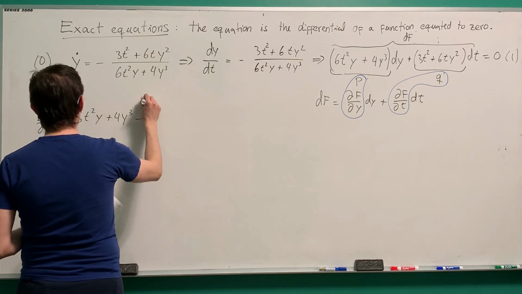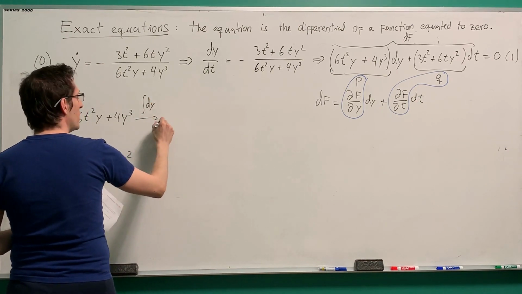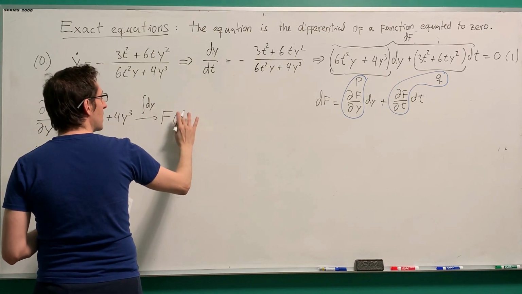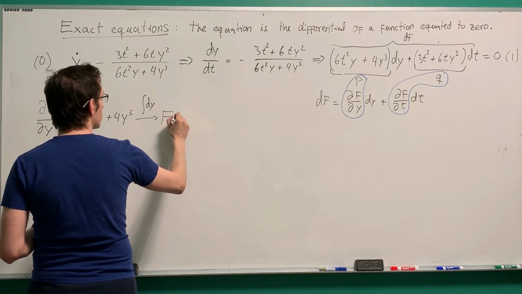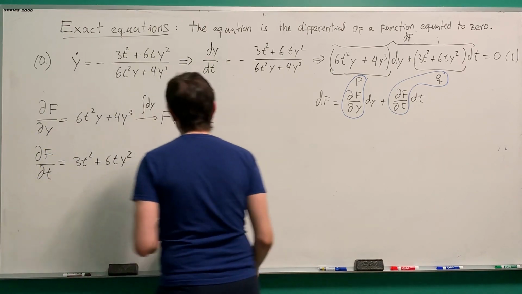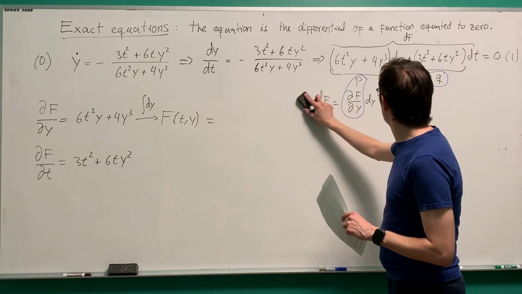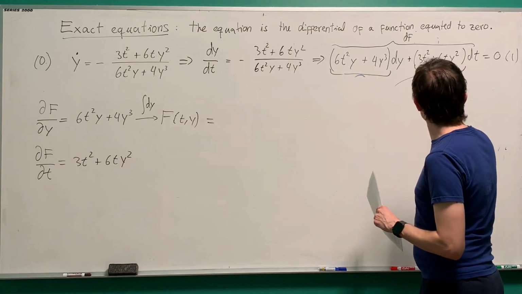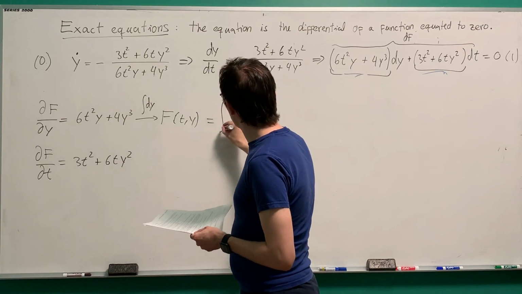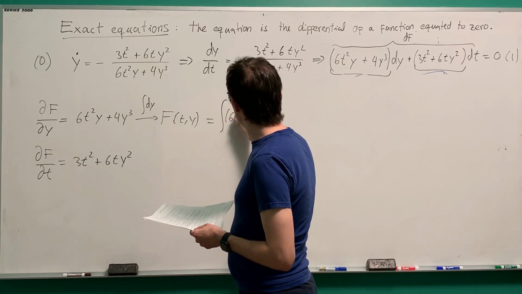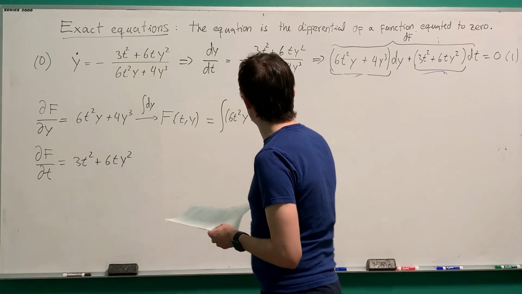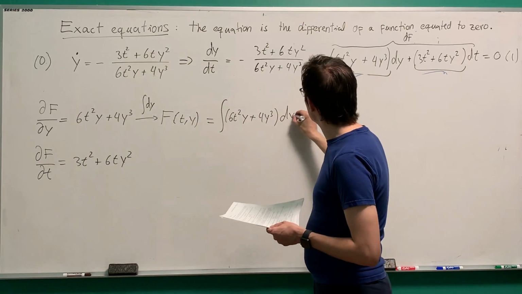Here we integrate with respect to y, and we get that f of t, y, let's do f of ty, it's equal to, by integration, the integral of 6t squared y plus 4y cubed dy.